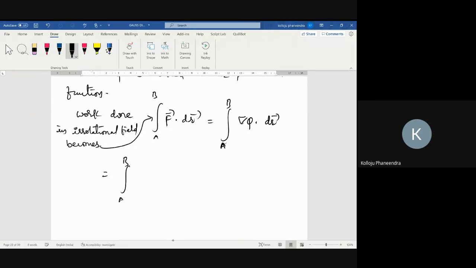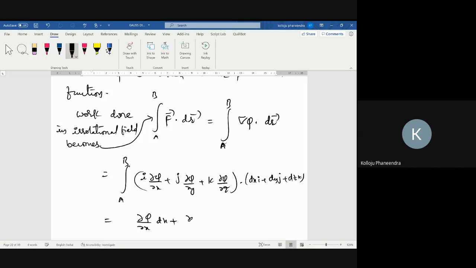Del phi is i dou phi by dou x, j dou phi by dou y, plus k dou phi by dou z, dot dx i plus dy j plus dz k. This becomes dou phi by dou x dx plus dou phi by dou y dy plus dou phi by dou z dz, from A to B.